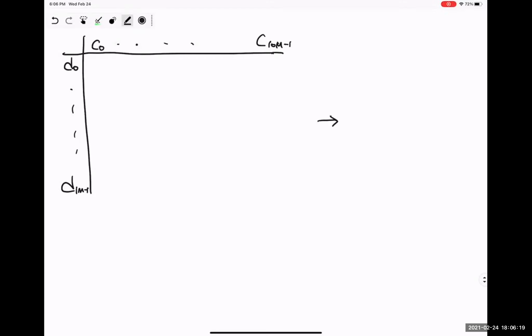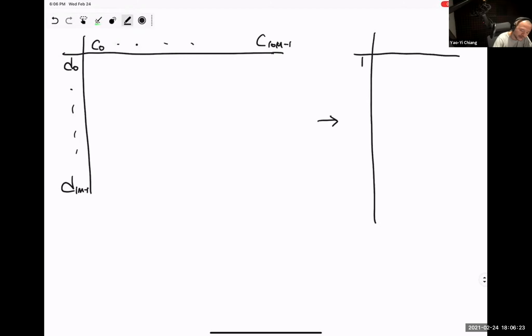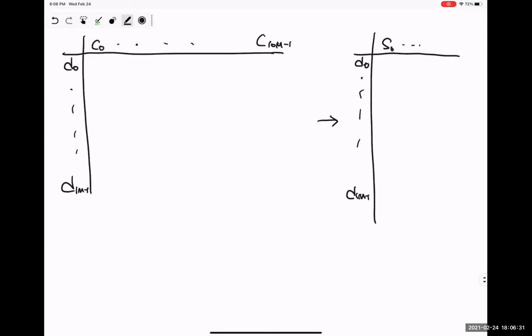We say, hey, let's create min hash signatures. So you have D0 to D1 million minus 1, and your columns become signatures, much smaller.